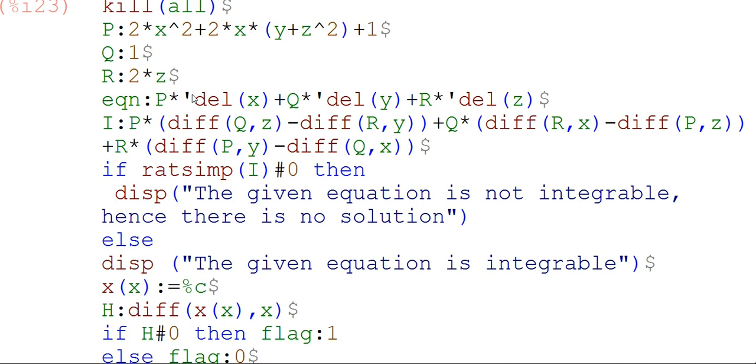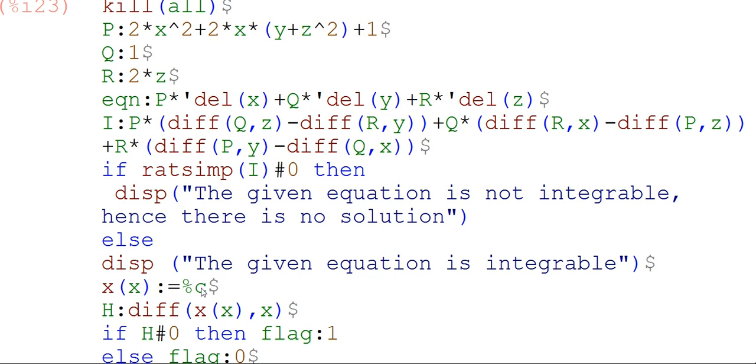So backslash will represent the term as it is without doing any operation, plus q star dy. dy means backslash del of y. Del of y means dy in Maxima, plus r star backslash del of z.